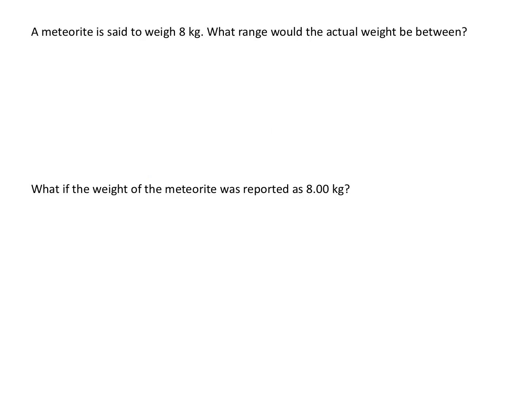A meteorite is said to weigh 8 kilograms. What range would the actual weight be between? If it's reported as 8 with no decimal points, we have to assume that they rounded to the nearest whole kilogram. So if I put a number line down, 8 is what we rounded to.